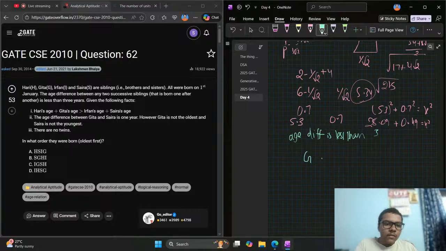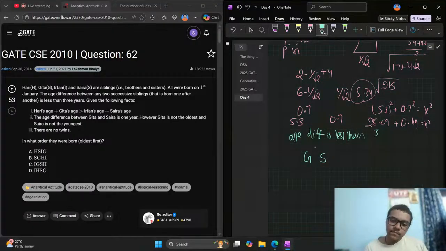Geeta and Syria differ by 1 year. So it is either Geeta Syria or Syria Geeta. Geeta is not the oldest. So Syria is not the youngest. There are no twins, okay.